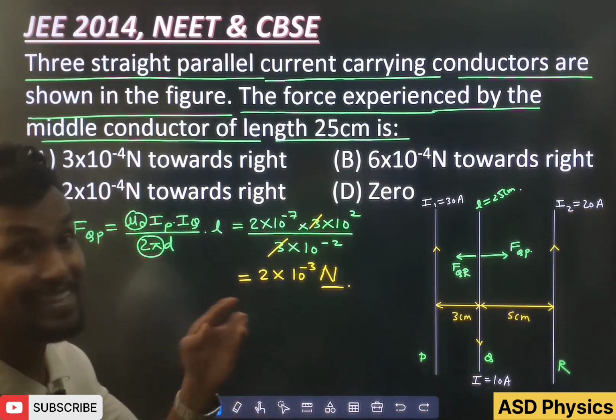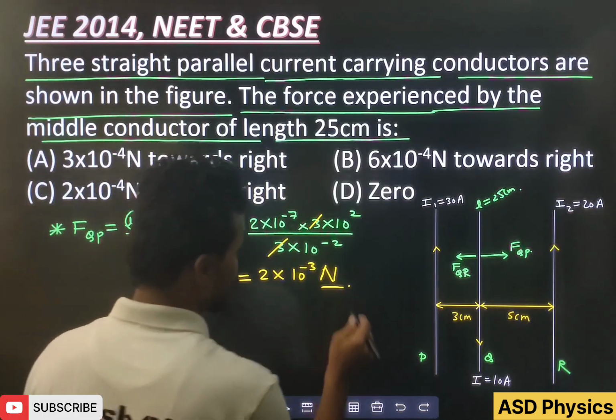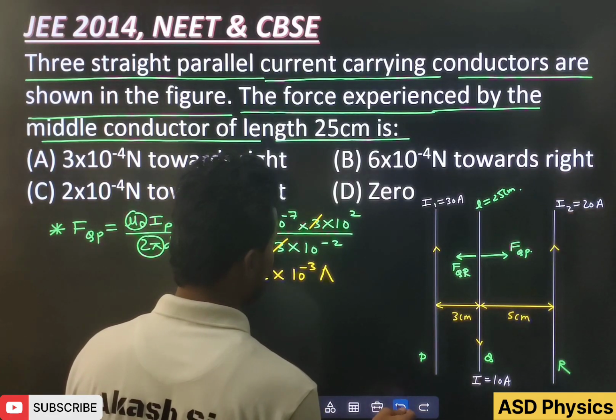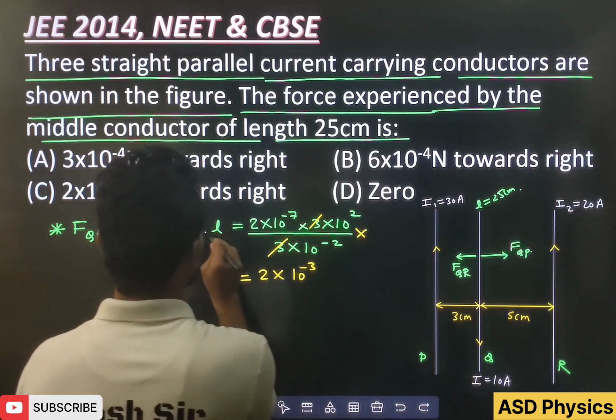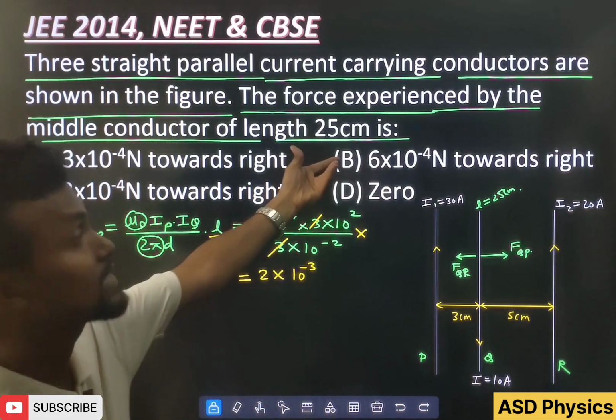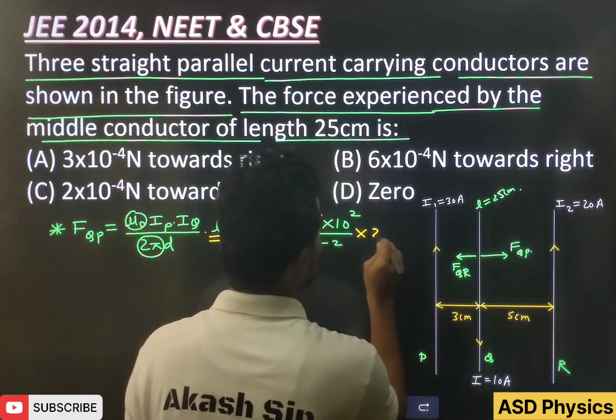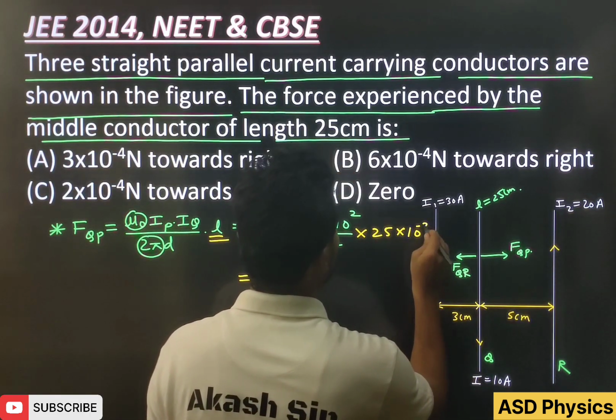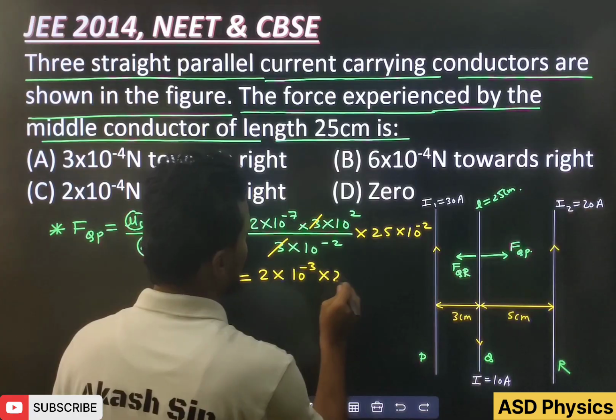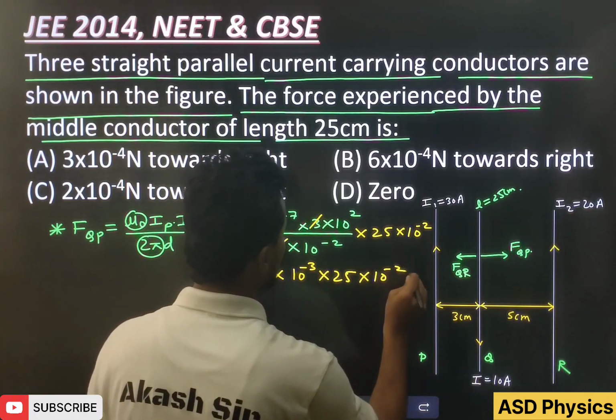And one more is there, wait, length is missed here, we have missed the length. Length how much is given, kindly see, 25 centimeter. So 25 into 10 to the power minus 2.